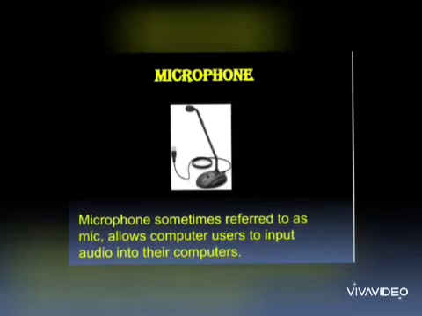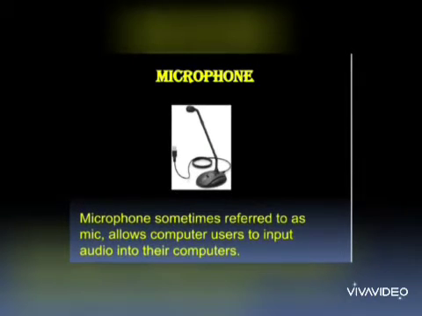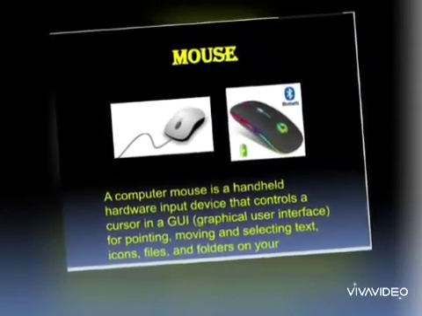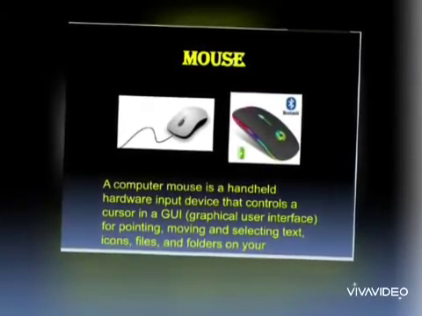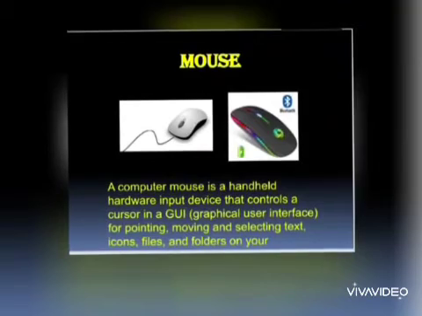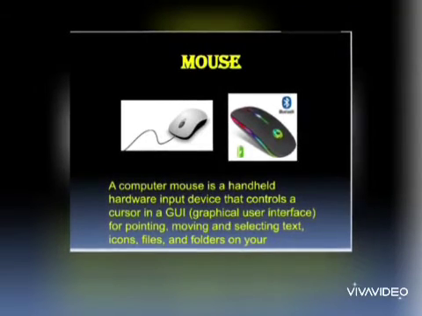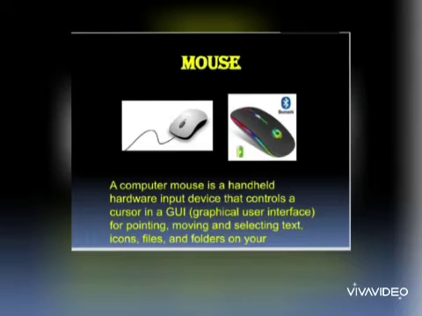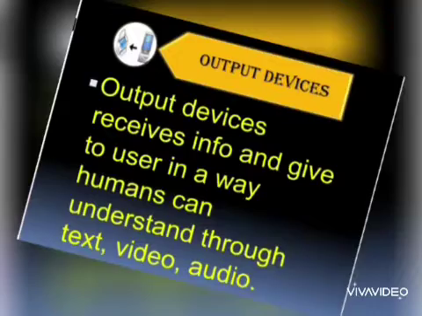A microphone, sometimes referred to as a mic, allows computer users to input audio into their computers. Mouse. A computer mouse is a handheld hardware input device that controls a cursor in the graphical user interface for pointing, moving and selecting text, icons, files, and folders in your computer.